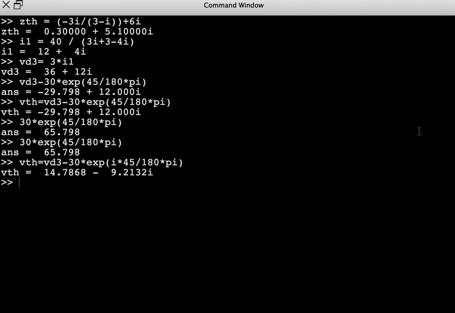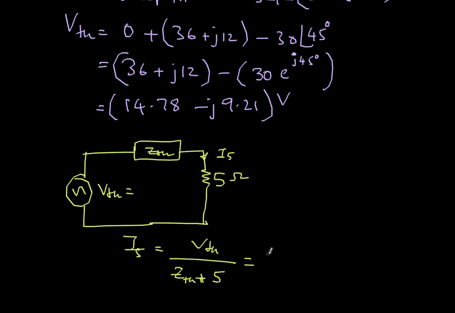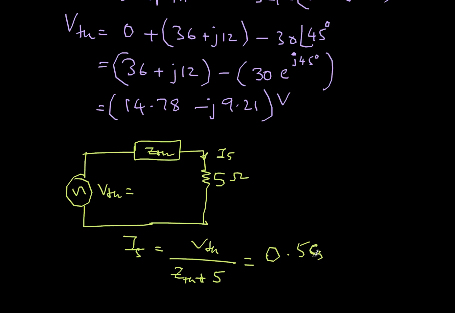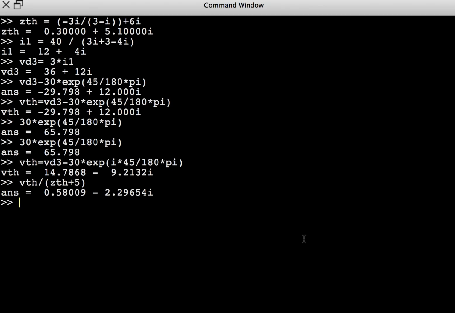So let's do that. VTH divided by ZTH plus 5. So I'm getting current is 0.058 minus J 2.29 something. Now this I want to convert into polar form. So I5 is this.